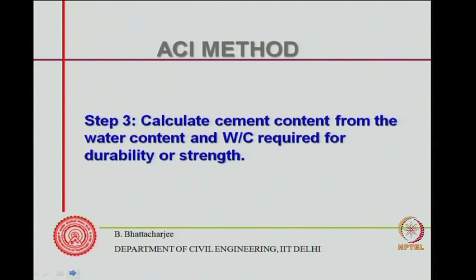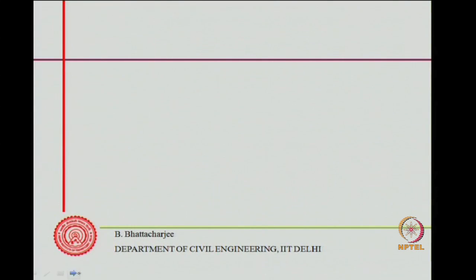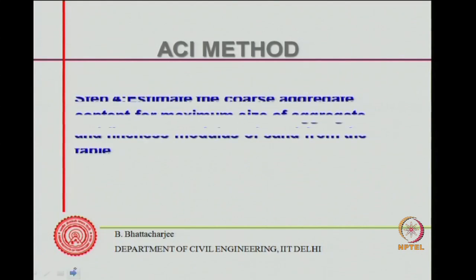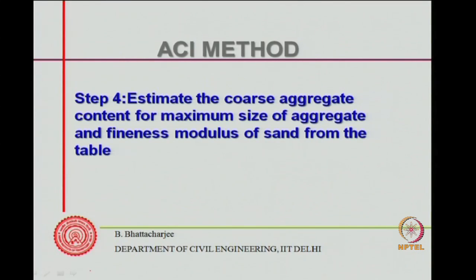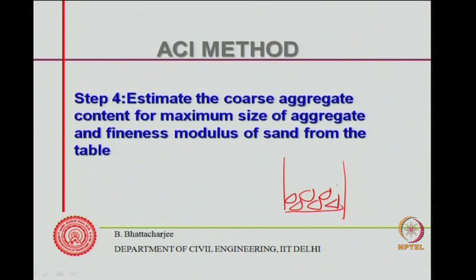Wet density is also similar, but here what is done is you find out the dry rodded density of the aggregate. That means you pack the coarse aggregate in 3 layers, and because the volume of the container is known, you find out how much the mass is.